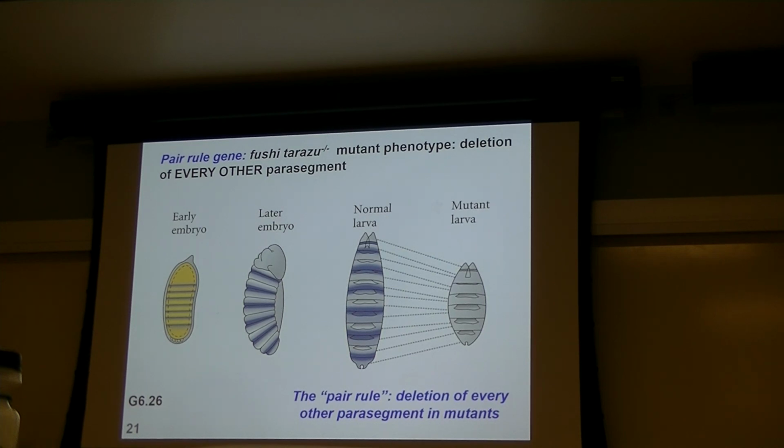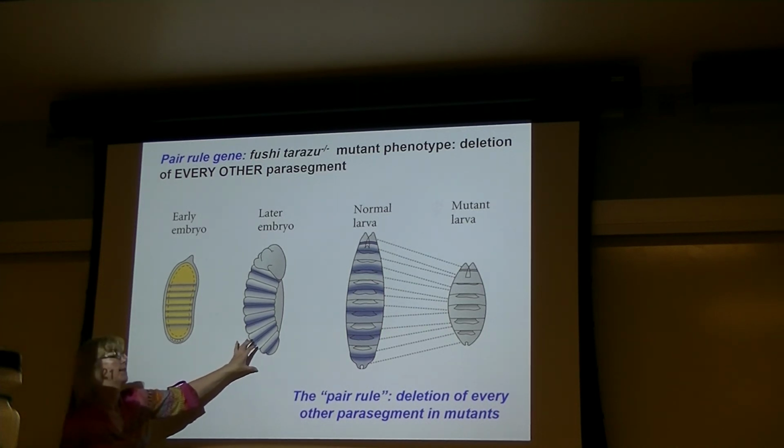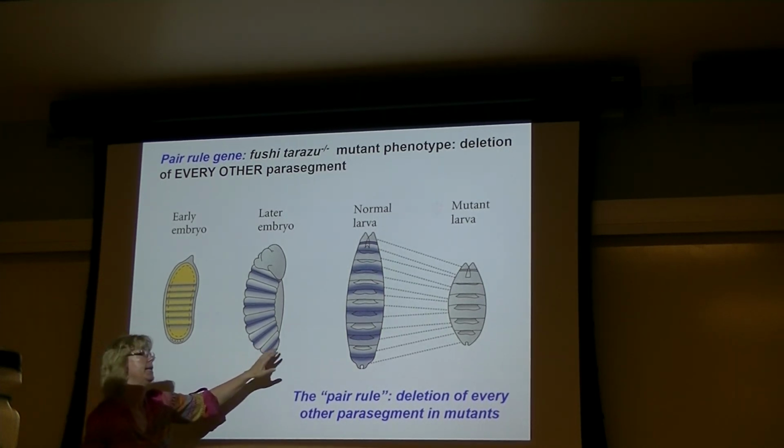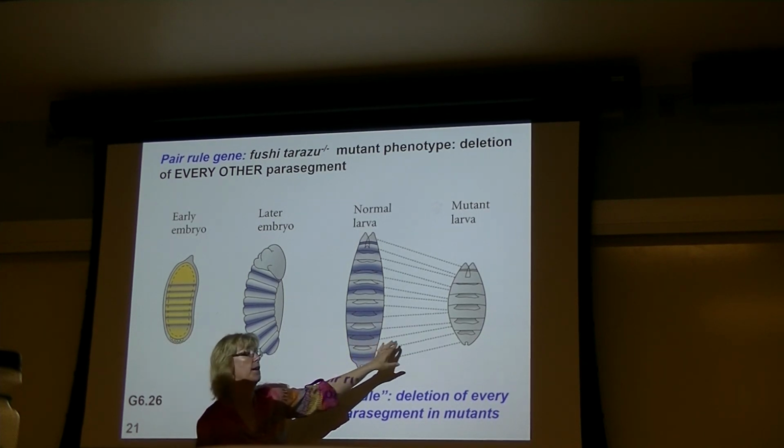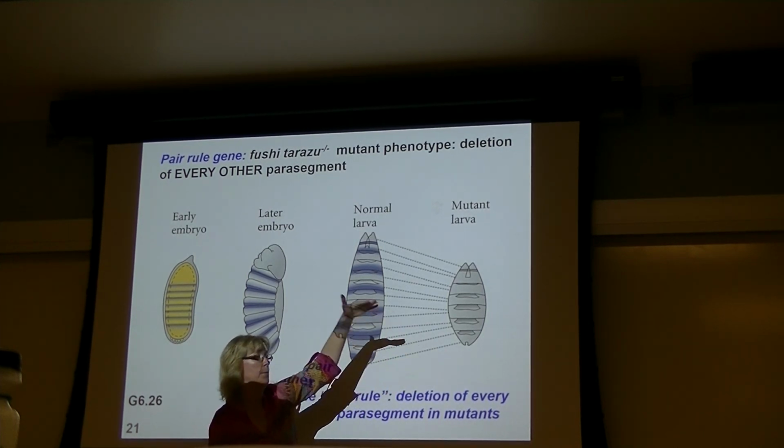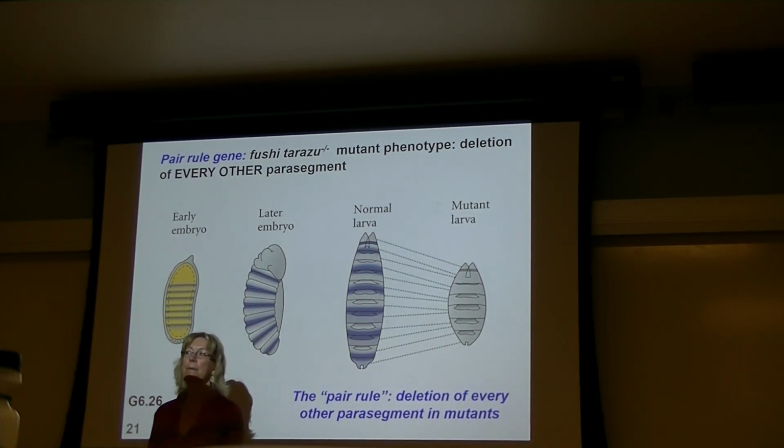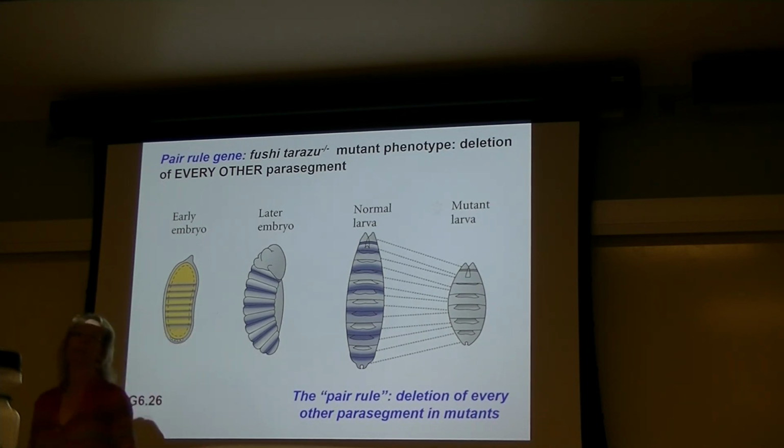So here is just a diagram of what that would look like. And again, we see Fushi-Tarazu in every other parasegment, and then those blue portions of the larva here are deleted, and we join up everything that remains. We get a shorter larva that has a very specific pattern along its anterior-posterior axis.